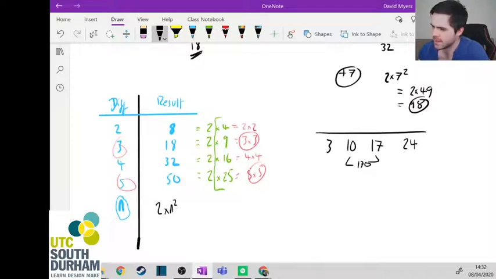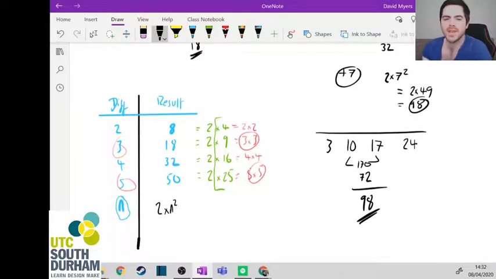Add those together and we will get 72. I think most of you can see where this is going because we know that 170 minus 70 is 100, so take away another 2 and as predicted we get 98. So there we are, a nice little bit of evidence that we know exactly what is going to happen from any prediction.